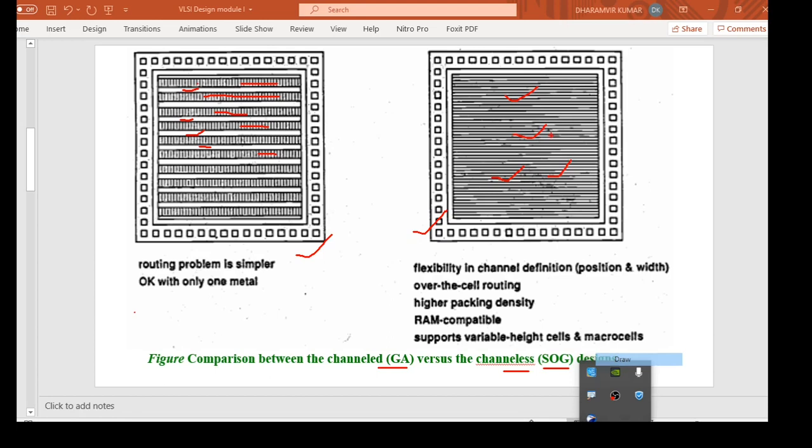Since this area gives us only transistors, the transistors themselves are used for forming the interconnecting wires between different circuits.